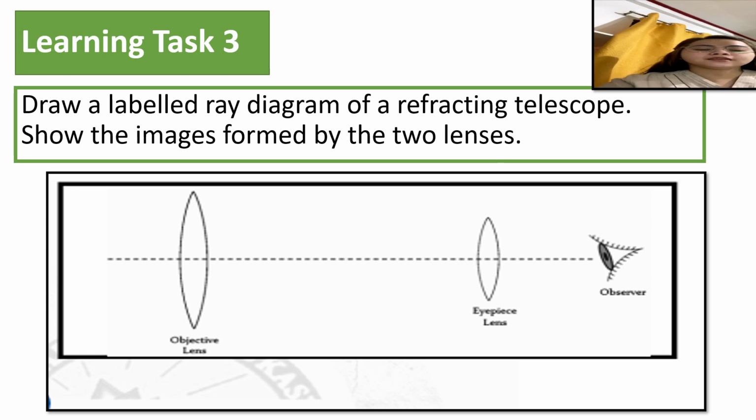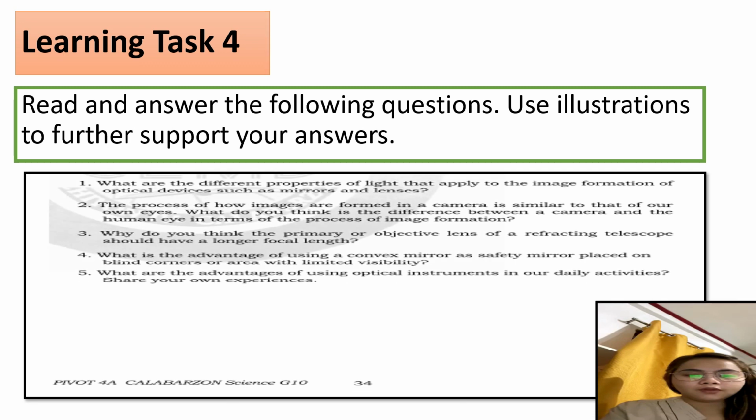For learning task 3, the instruction is to draw a labeled ray diagram of a refracting telescope. Show the images formed by the two lenses. Lastly, learning task 4, the instruction is to read and answer the following questions. Use an illustration to further support your answers for numbers 1 to 5.